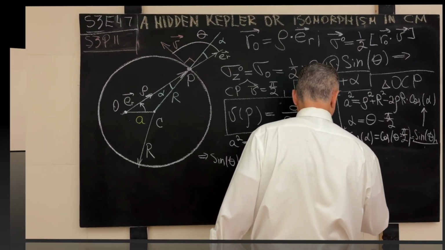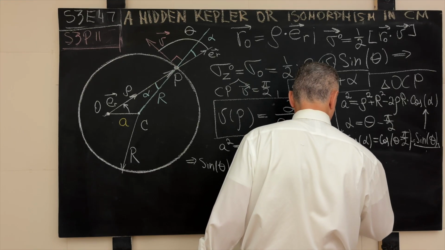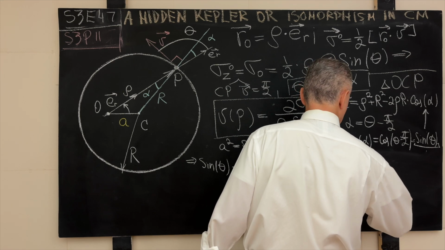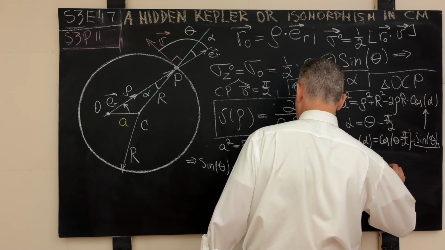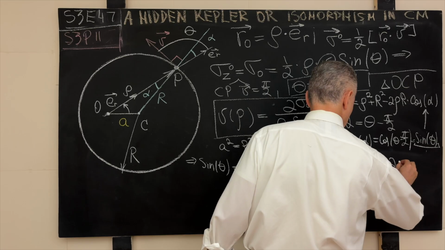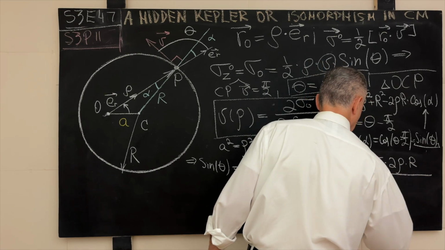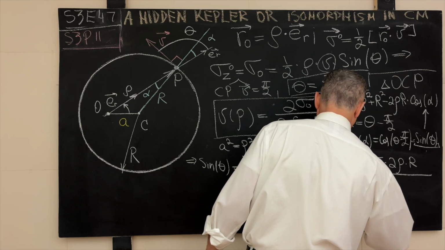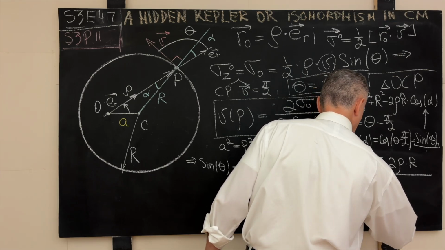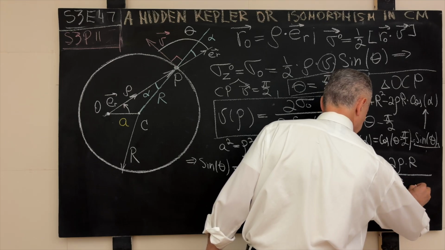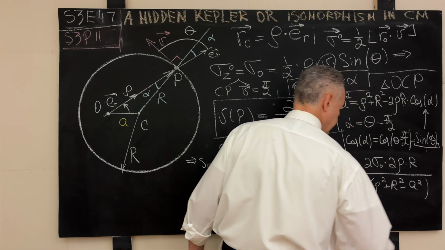So we have the velocity of the moving point as a function of rho will be 2 sigma 0 times 2 rho times r divided by rho times rho square plus r square minus a square.